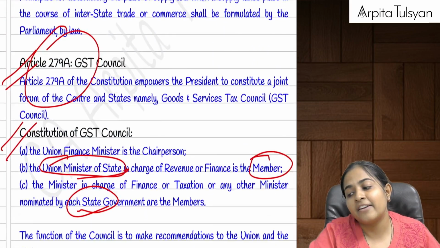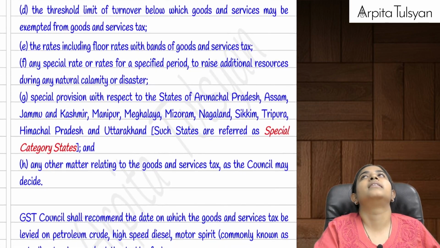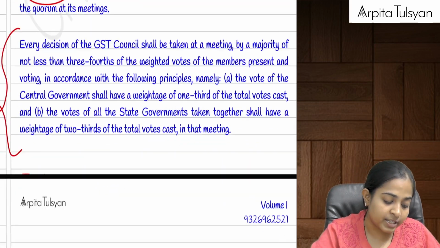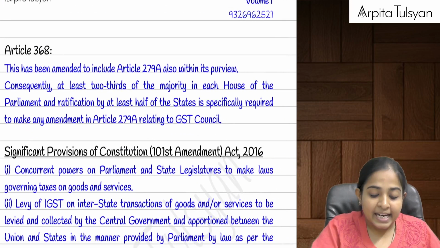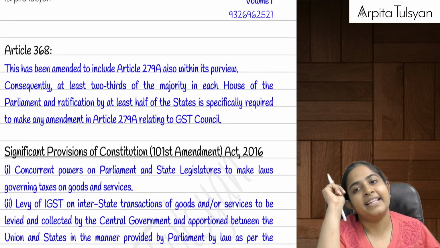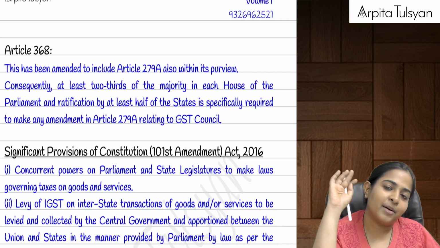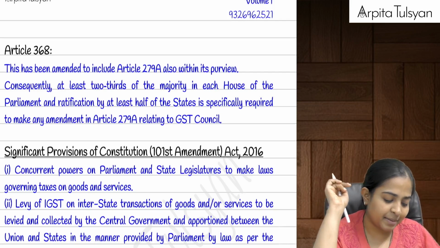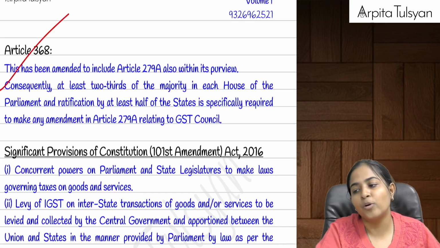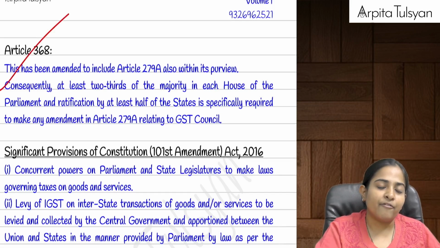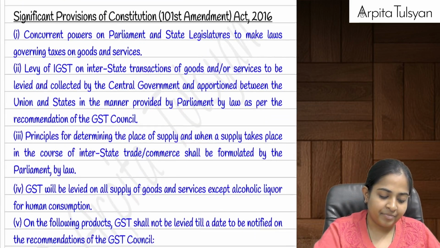So if we want to make changes in the GST Council, then can we say again it is a constitutional amendment? If it is a constitutional amendment, then we'll have to take the approvals from the Lok Sabha, Rajya Sabha, and from the respective states. By taking the approvals from those houses and from the state legislatures, you can do the amendment here. Are you clear with this?